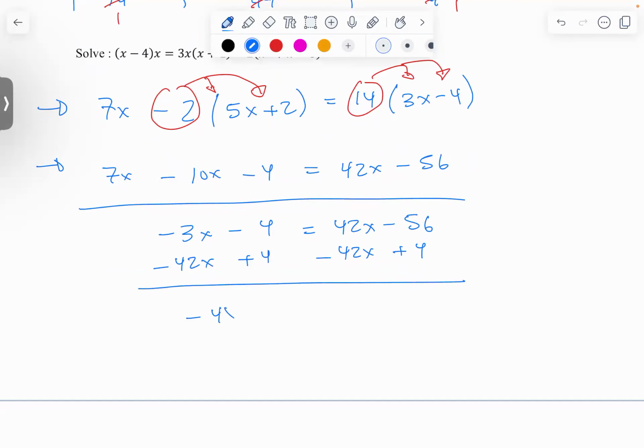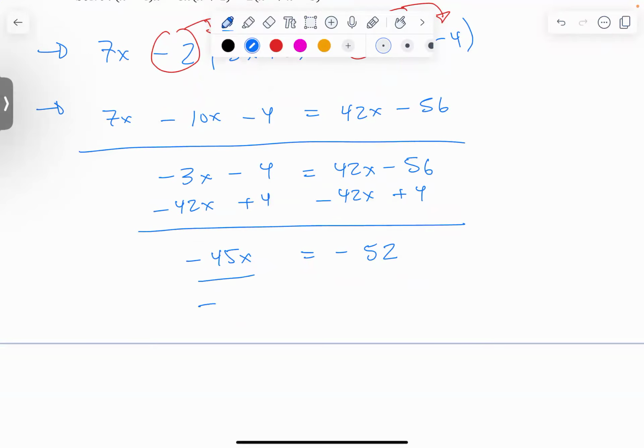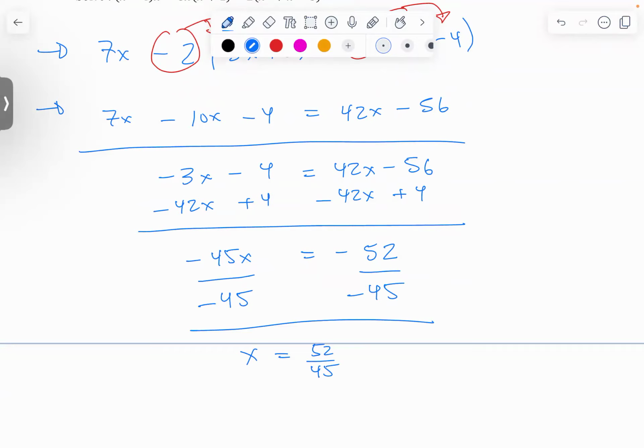So that gives me negative 45x equals negative 52, divided by negative 45 on both sides. x equals 52/45. And that does not reduce. Always good to look to see if the fraction does reduce down.